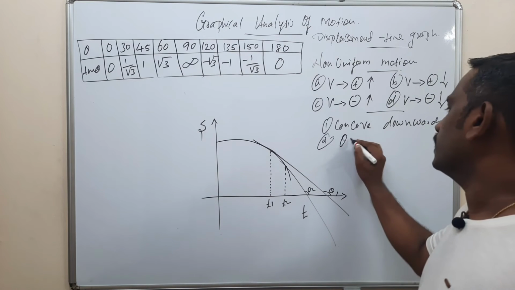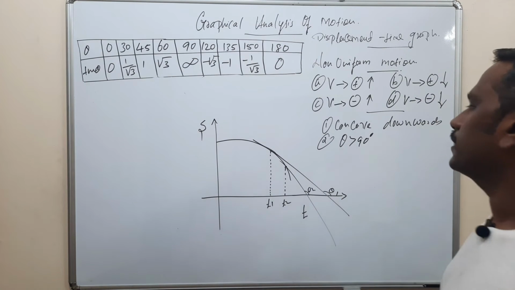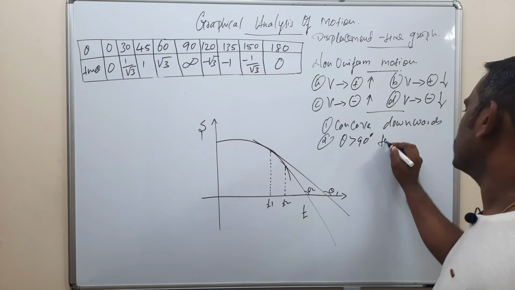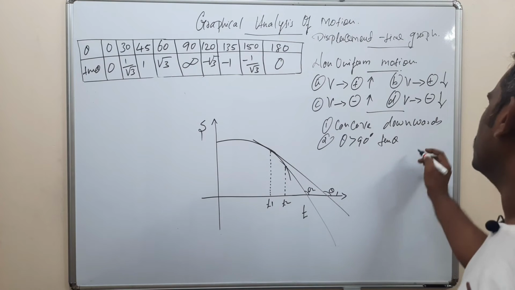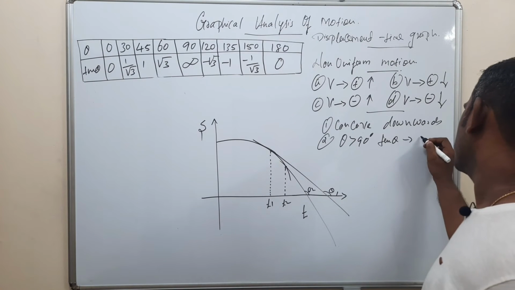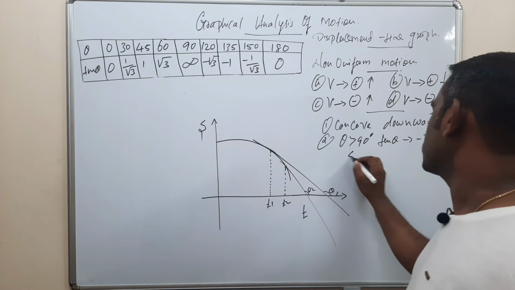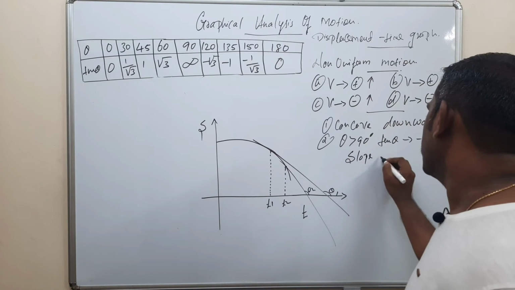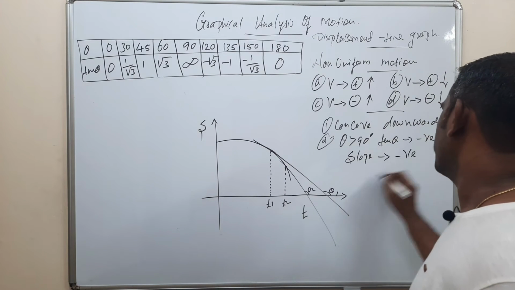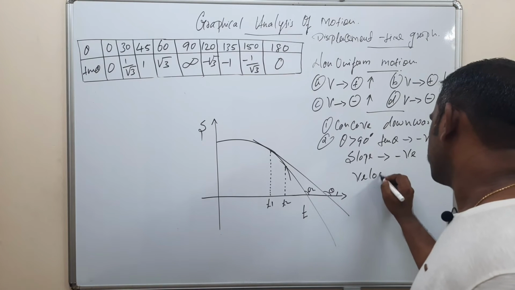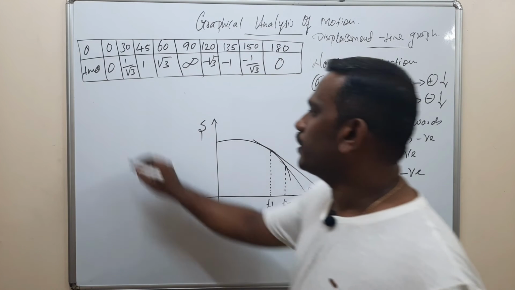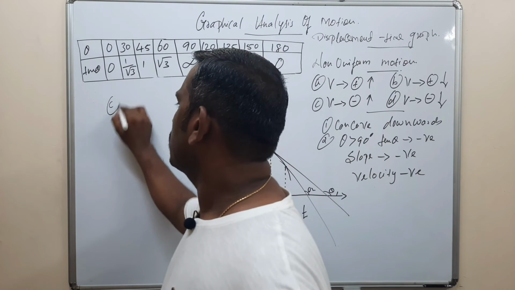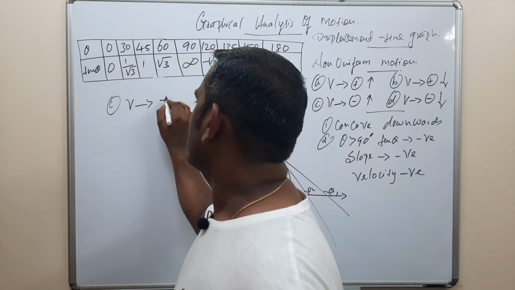Theta greater than 90 degrees means tan theta negative. Tan theta negative means slope negative. Slope negative means velocity negative. So velocity negative.